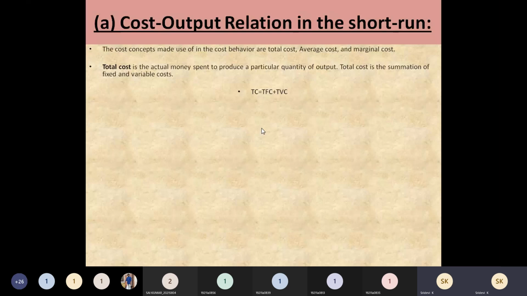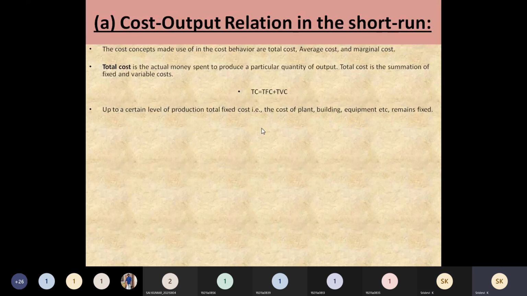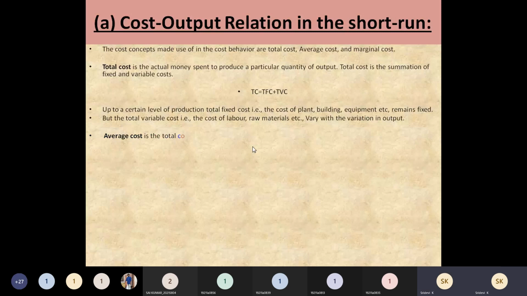And how are you going to get the average cost? How is average cost calculated? Average cost is equal to total cost divided by quantity. So by using this formula, you are going to calculate this.